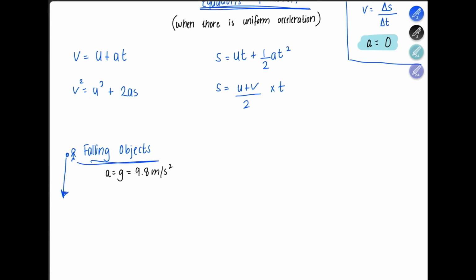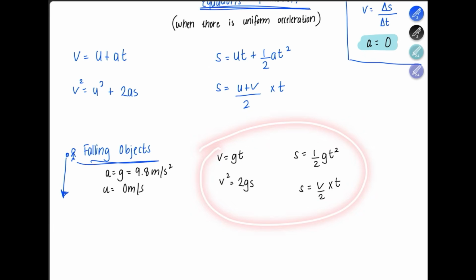Another thing is that initial velocity becomes 0 because it's initially at rest, and then you drop it. So v equals gt, because u becomes 0 and a becomes g, which is 9.8 meter per second square. For the second one, it's going to be v square equals 2gs. The third one would be s equals half gt square, and s equals v by 2 multiplied by t. So you don't have to memorize all of these equations, you just have to memorize the important four, but you can see that you can simplify your equations to solve some questions.